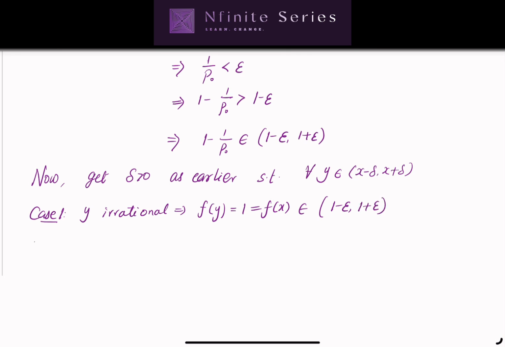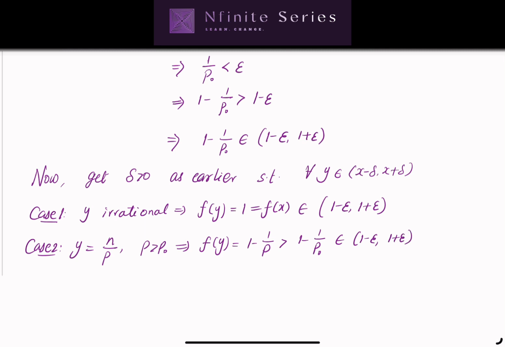Now case 2 is interesting. In case 2, y is actually a rational number of the form n by p, where p is by construction greater than p naught. This implies that f of y is equal to 1 minus 1 by p, which is strictly greater than 1 minus 1 by p naught, and we know that this belongs to this epsilon neighborhood of the function.